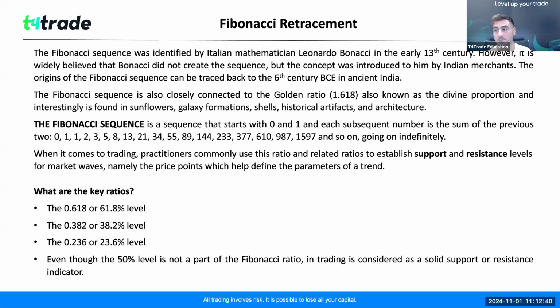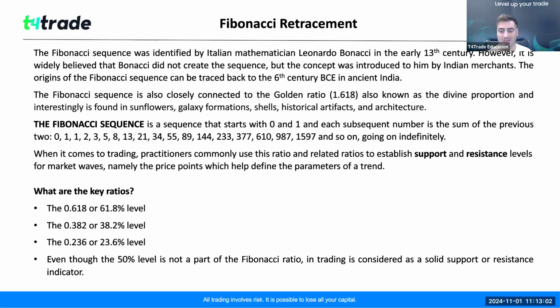So ancient people knew about this sequence, or the ratio which is extracted from it. The Fibonacci sequence is closely connected to what we call the golden ratio, which is 1.618, also known as the divine proportion.